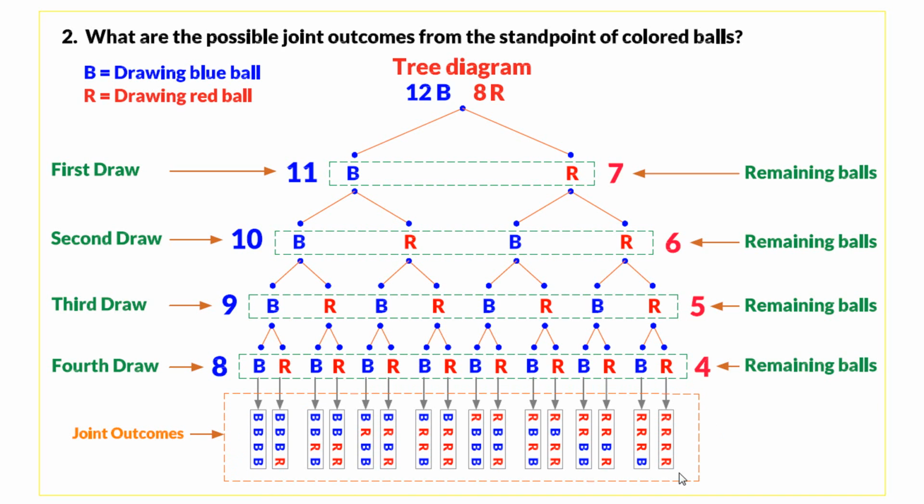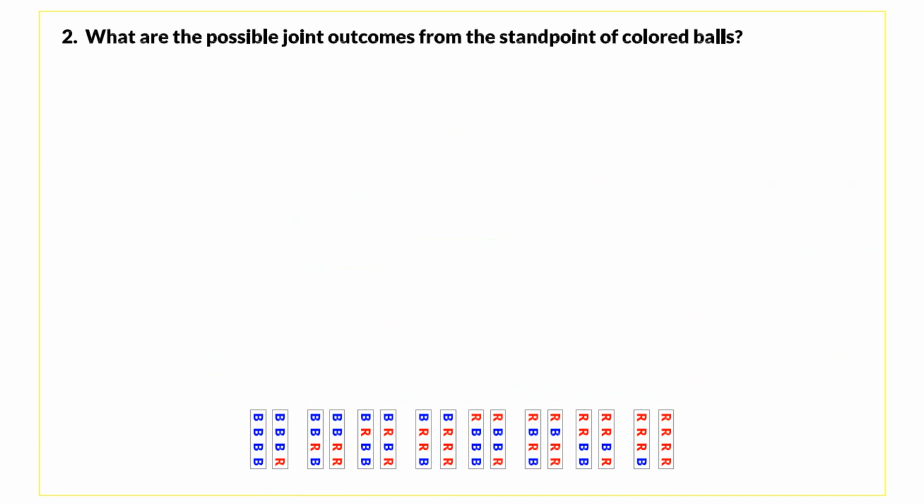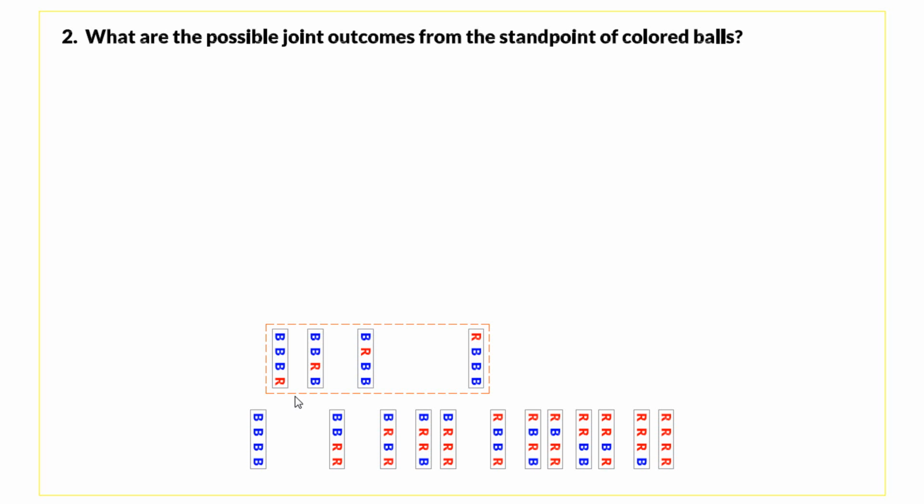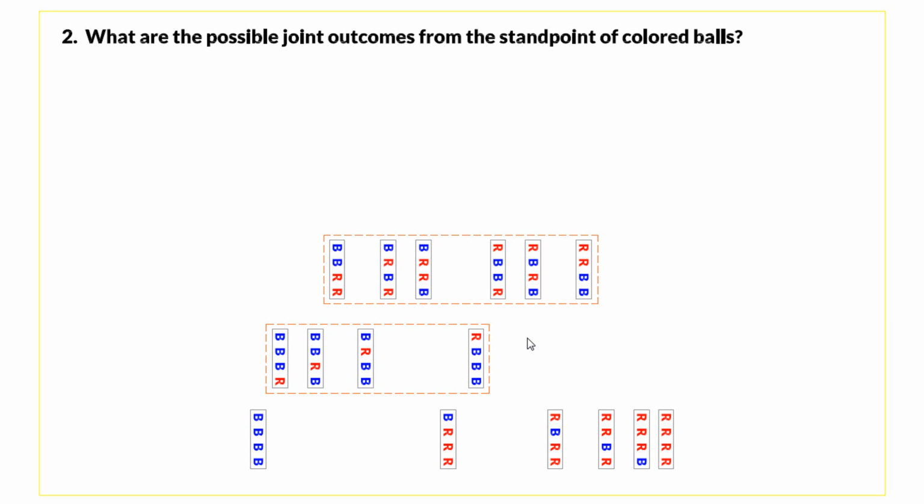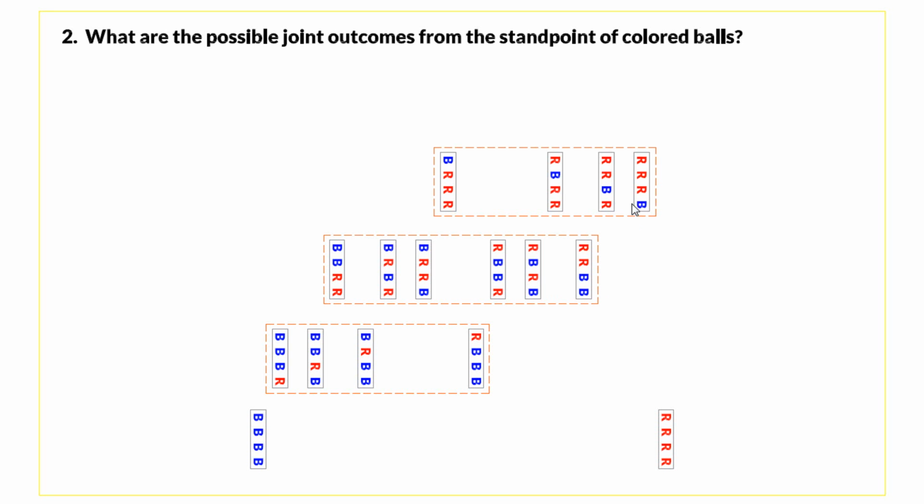So this is the total joint outcome, and now we isolate them and we start grouping them according to the number of blue balls and red balls. So first we have the subset of 3 blue, the subset of 2 blue, and the subset of 1 blue only. So let's arrange them concisely.